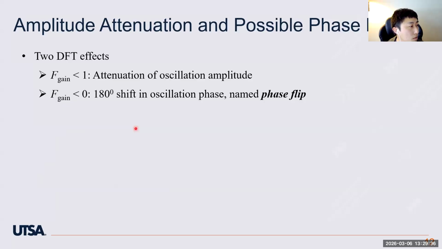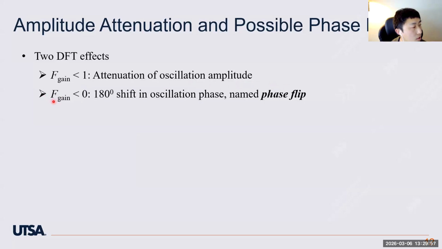So to detail the two effects of the DFT algorithm, the first one is the attenuation. I think that is what we're going to show in the next few slides.